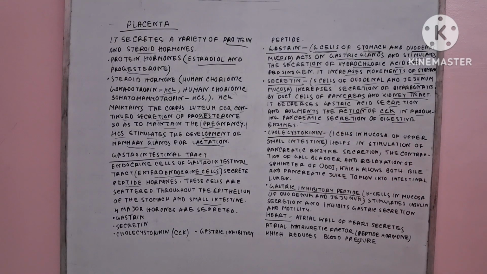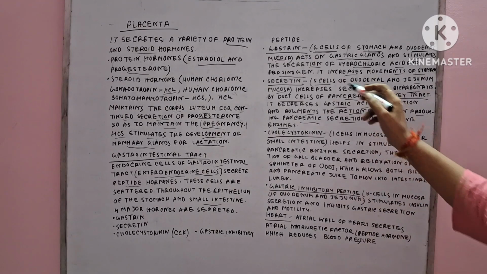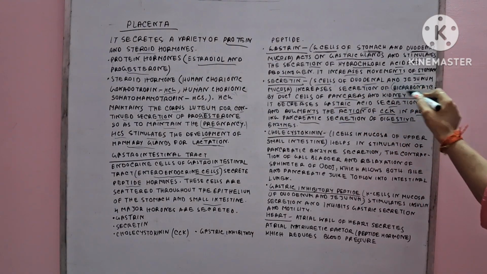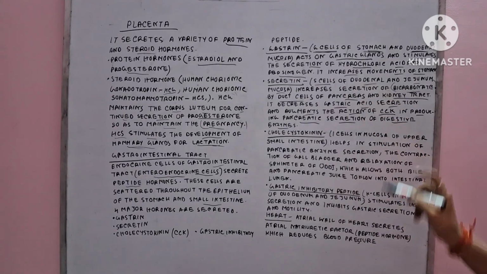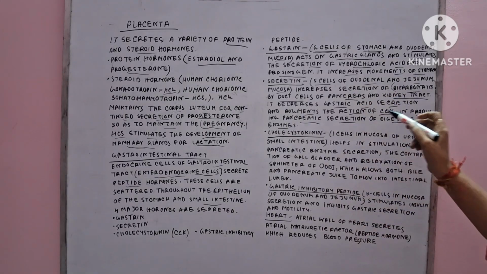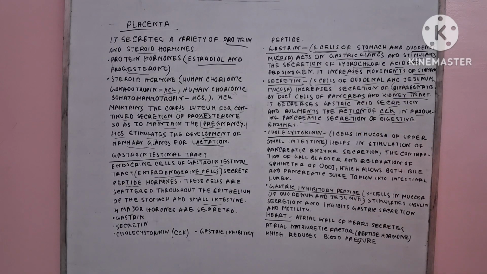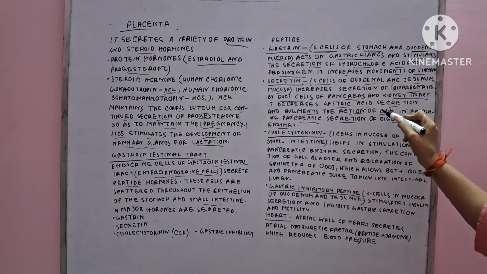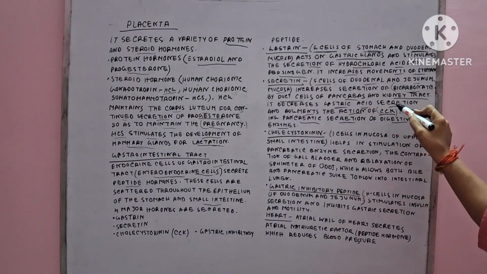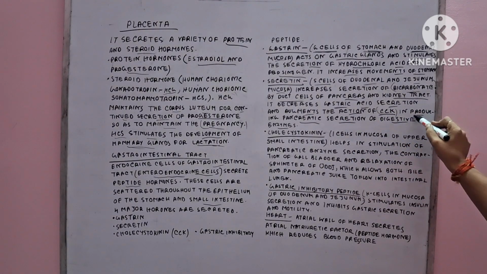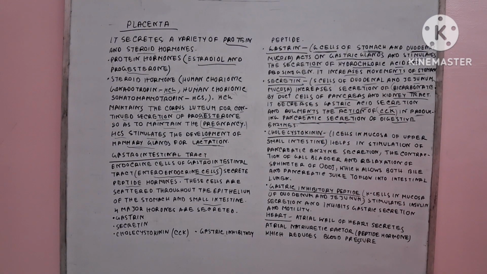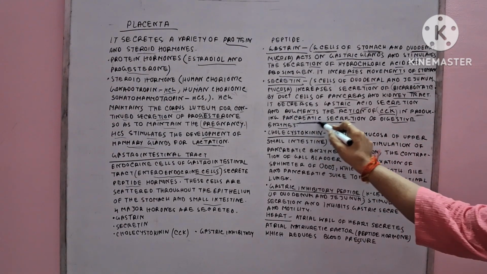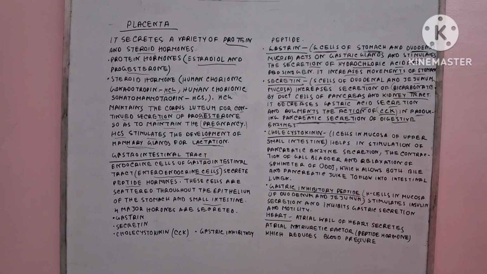So, first of all, it increases the secretion of the bicarbonate from the biliary tract and the cells of the pancreas. It decreases the gastric acid secretion and augments the action of the CCK, or cholecystokinin, in producing the pancreatic secretion.